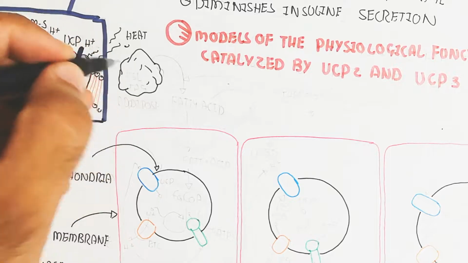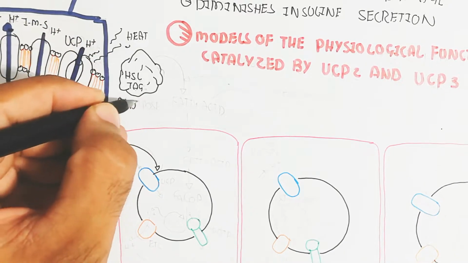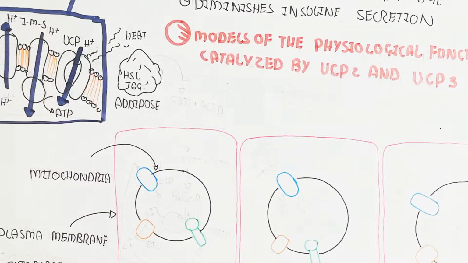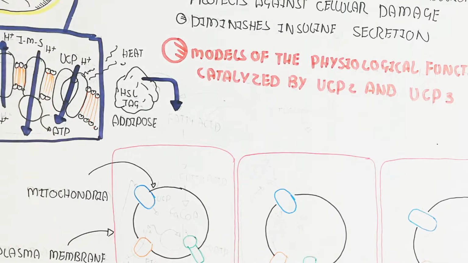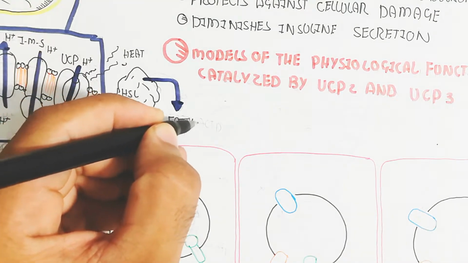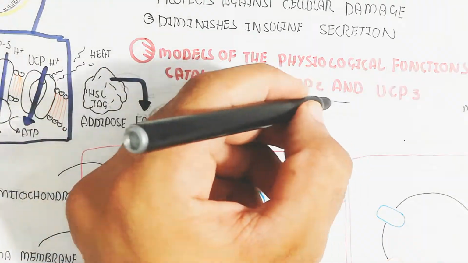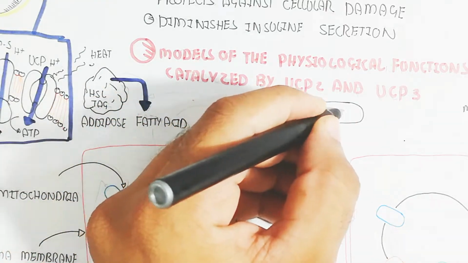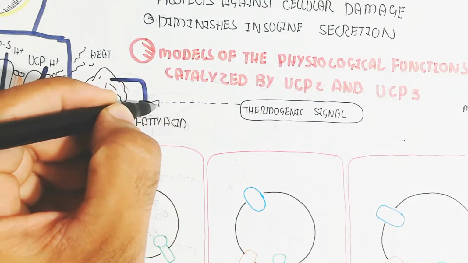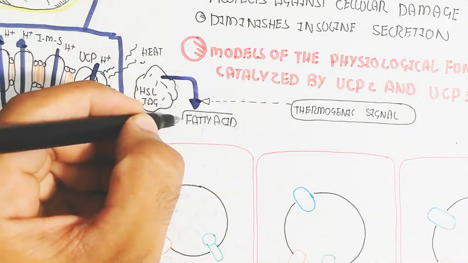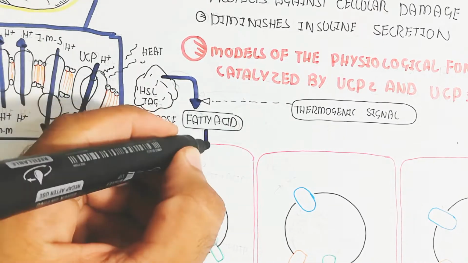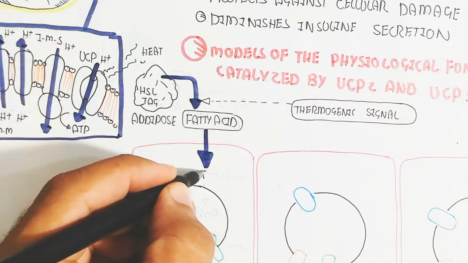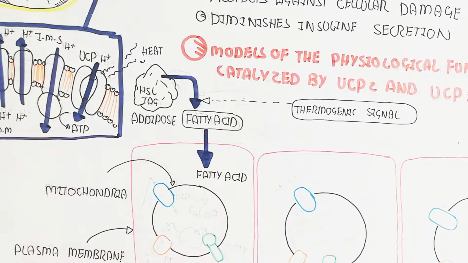When lipolysis occurs through hormone sensitive lipase enzyme, the triacylglycerol produces fatty acid, and this fatty acid goes into the mitochondria for fatty acyl CoA formation. In this way, protons are produced from NADH through acetyl CoA as well as FADH2, which will be pumped out through the electron transport chain.